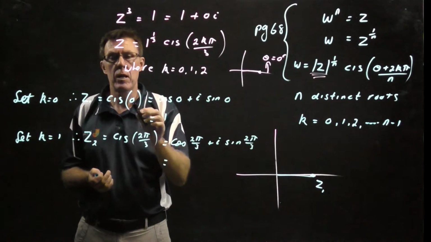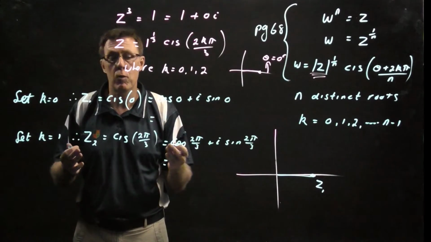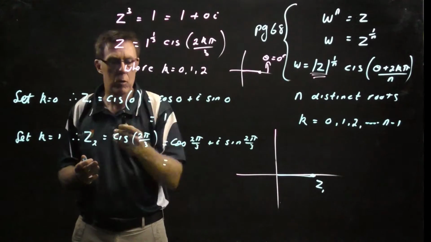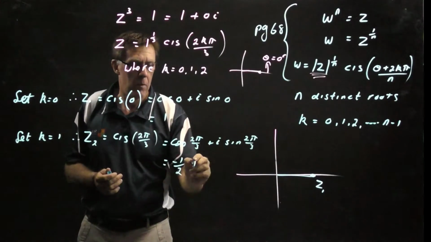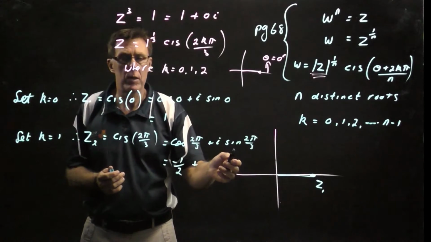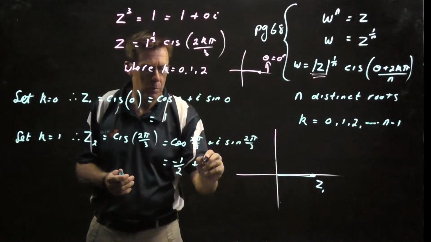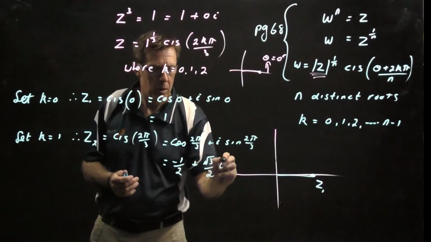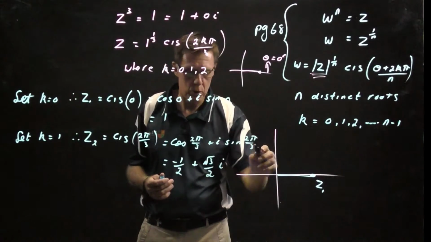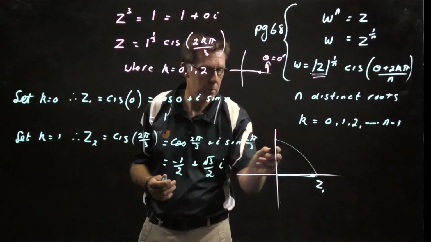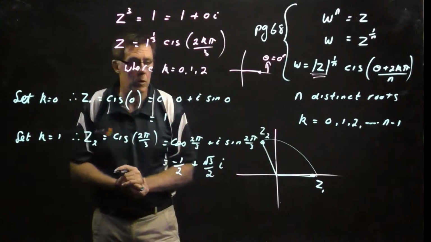So we're in the second quadrant, 60 degrees off the axis. Cos of 60 degrees is a half, but in the second quadrant it's negative a half. Sine of 60 degrees is root 3 on 2, and once again in the second quadrant it's positive. There's my second solution: negative a half plus root 3 on 2 i. There's z2.